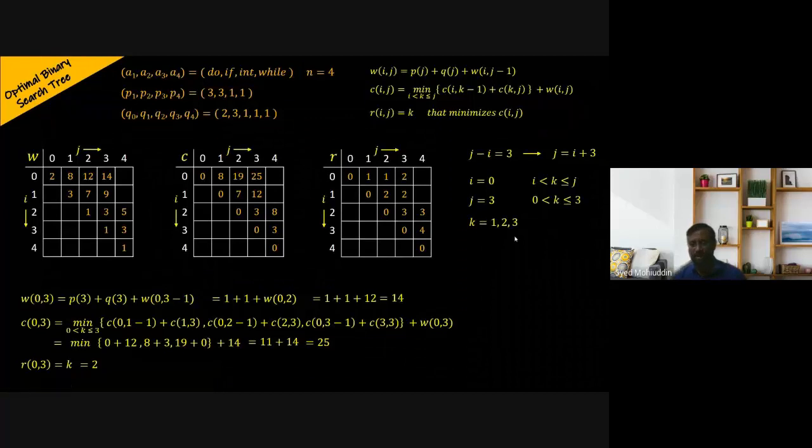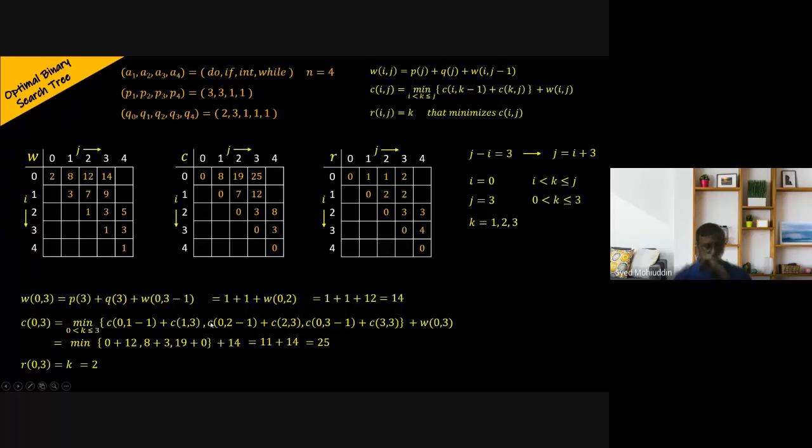So we will be taking 3 nodes now: do, which is 1, if, which is 2, and int, which is 3. And we will be finding the cost as well as which cost gives us the root of that tree with 3 nodes, do, if, and int.